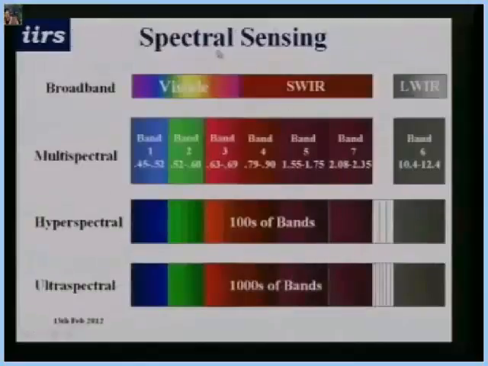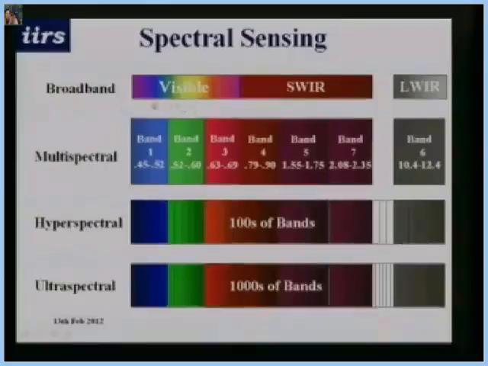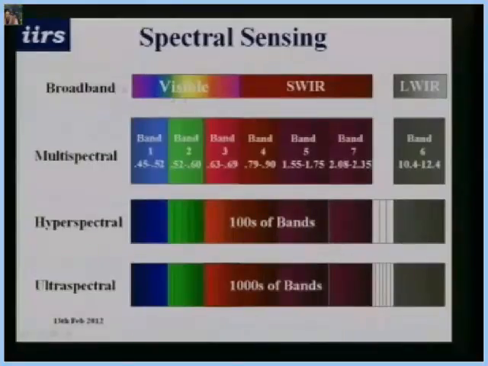Now, spectral sensing can be divided into various regions. Before broadband remote sensing, we have panchromatic data, which has measurement only in a single wavelength. Then you have broadband remote sensing, where we measure the visible, which is your panchromatic, and the shortwave. Then multispectral, which has a bandwidth of the order of 100 nanometers, where you have a few bands.